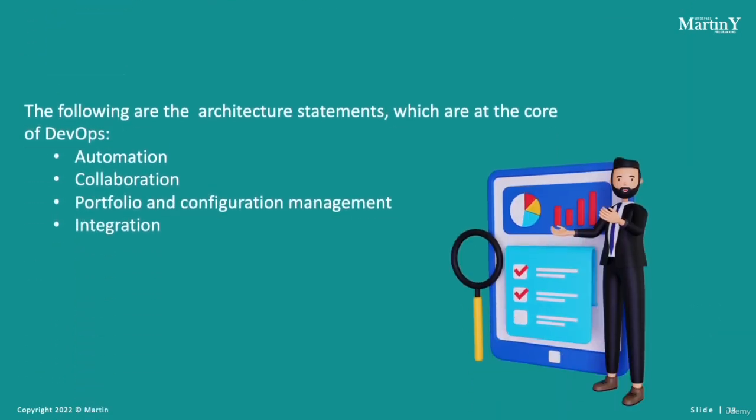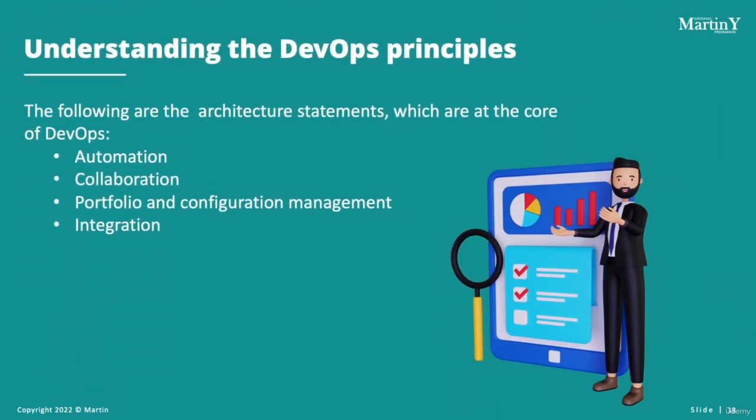So, based on these principles, there are some architecture statements that are the core of DevOps. The first is automation, which is basically responsible for automating everything. With automation, the amount of time between testing and deployment will be significantly reduced, enabling a faster release process.